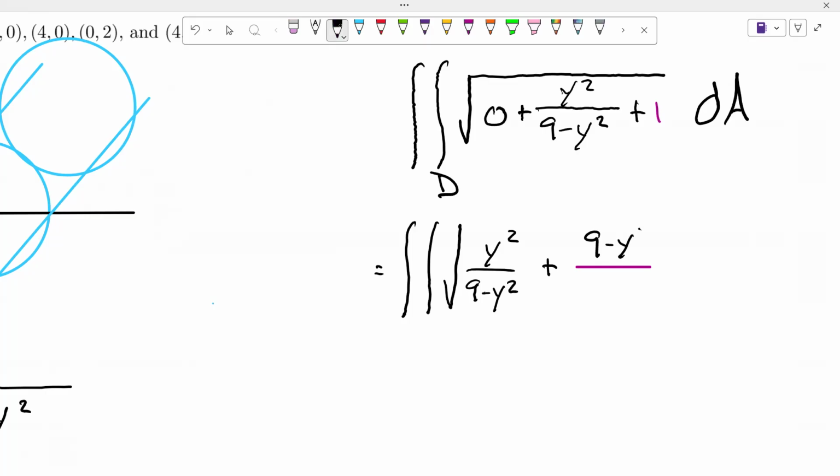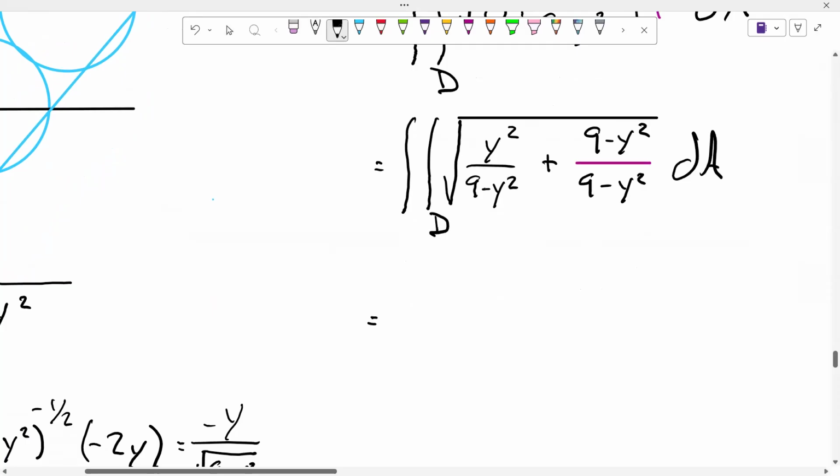This is 9 minus y squared over 9 minus y squared. Now put that hat on. Worry about what dA is in a minute. This expression actually simplifies a little bit. Now that I've got my common denominators here, y squared plus 9 minus y squared, I'm just going to be left with 9 up top.